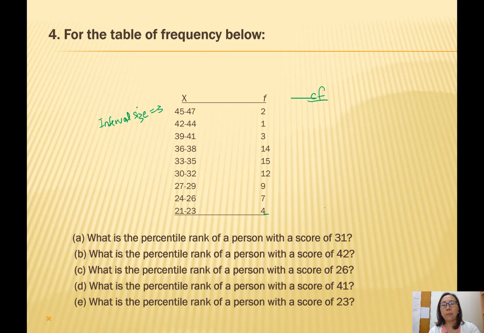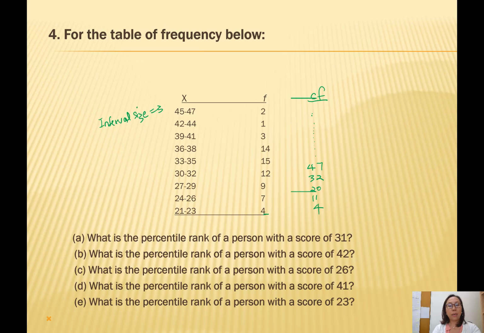The frequency column begins with 4, so I'm going to begin with 4 in the CF column. Then add 7 more to that, which makes it 11. Add 9 more, which makes it 20. Add 12 more, which makes it 32. Add 15 more, which makes it 47. So you want to go all the way up.